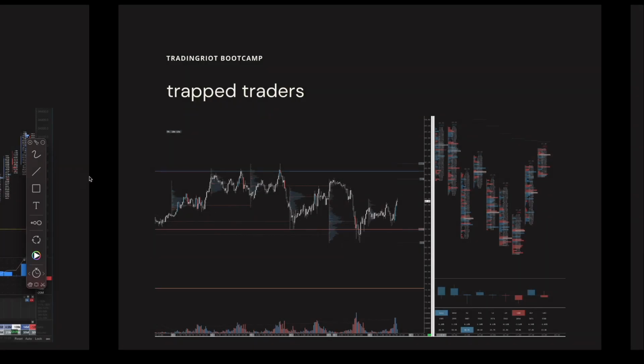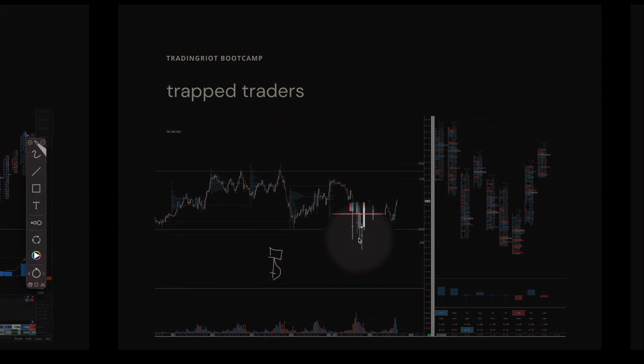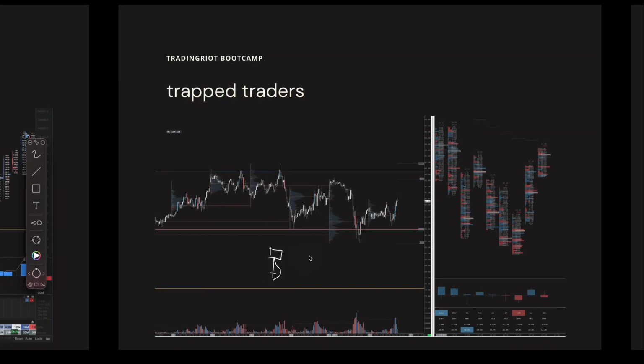If you imagine this to be a candle and your point of control is here, then obviously the volume distribution looks something like this. So this is showing you that there are traders who got stuck down here. Okay, so this is with confluence of price action.